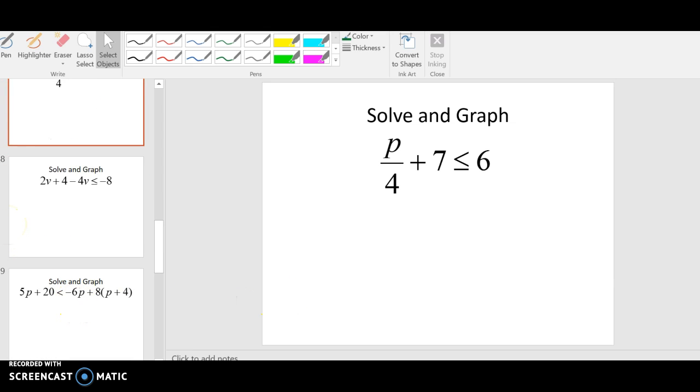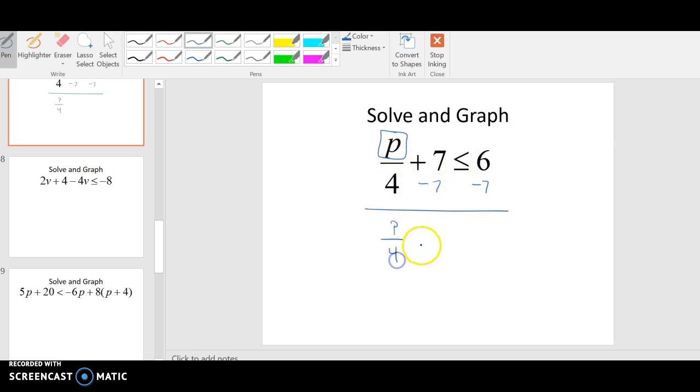So fractions tend to be the nemesis for some students. So let's conquer these. So I'm trying to get p by itself. I always undo addition or subtraction first. So the first thing I'm going to do is subtract 7, line it up under its like term on the other side.